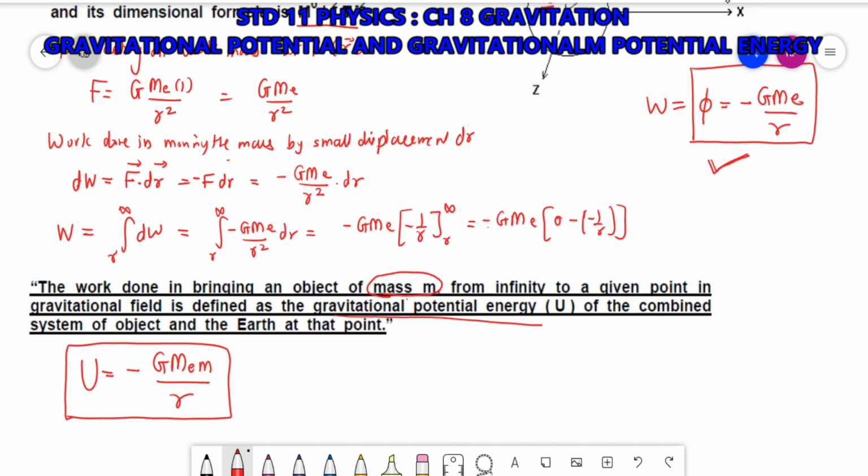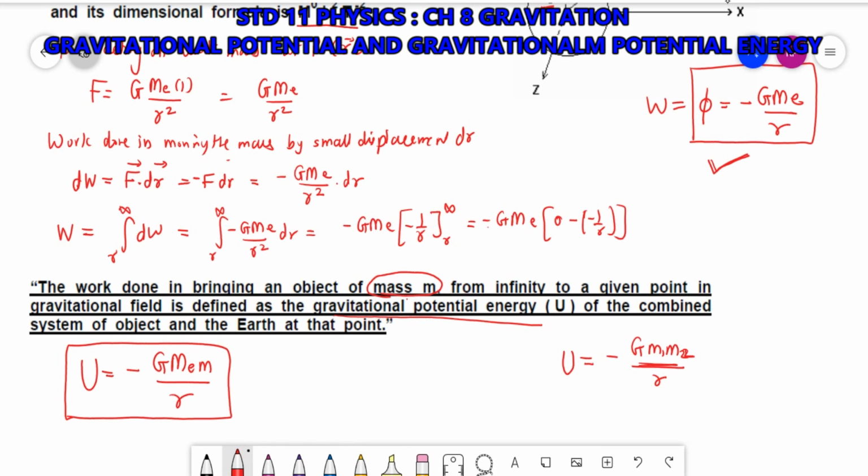So instead of earth, if two masses m1 and m2 are given, imagine that there is no gravitational field of the earth, two masses m1 and m2 existing in space, then the gravitational potential energy between those two masses will be minus G m1 m2 upon r. Clear?